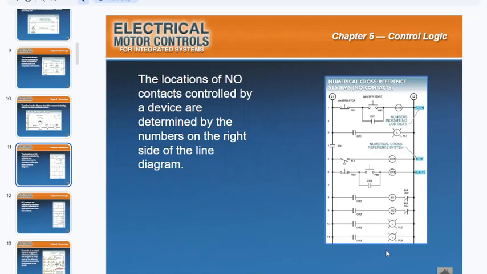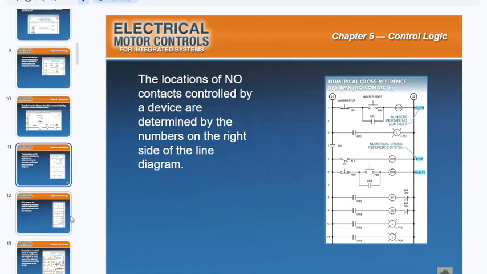Robotic systems, 60, 70, 80, 90, 100 rungs, even more. So if I have a control relay on rung 3 and there's a normally open contact on rung 80, then you're going to want to know that if you're looking for the things that are associated with that control relay. So it will say it here on the side.